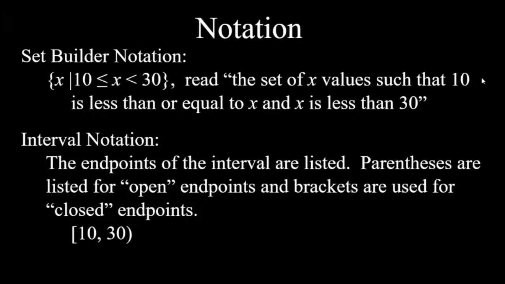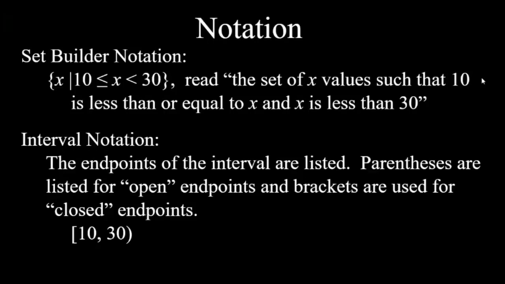So we've already talked about this, but let's take a look at our notation. The first one is called set builder notation or just set notation. And we went through this, like I said, in that first example, but this is saying you're talking about the set of x values. And this line means such that, and then they give you the description, the condition that we have to have met.